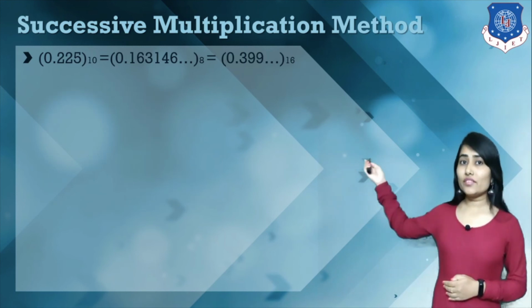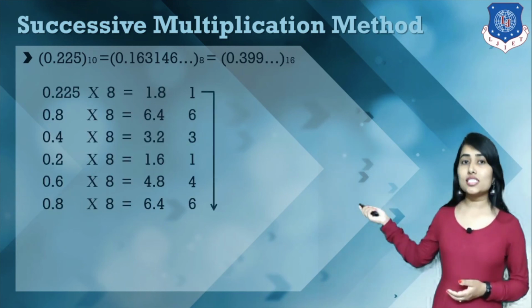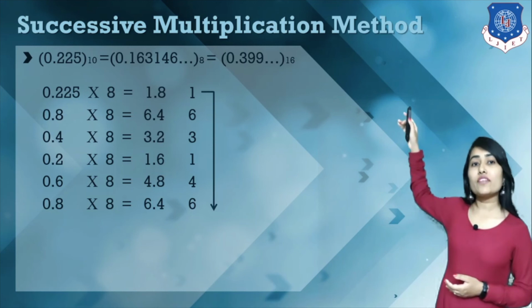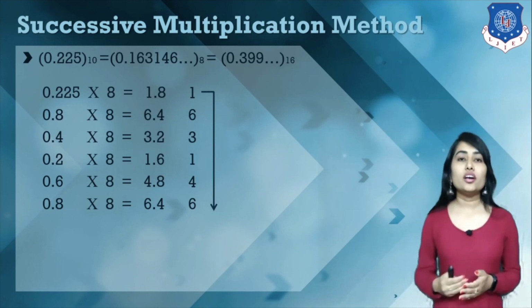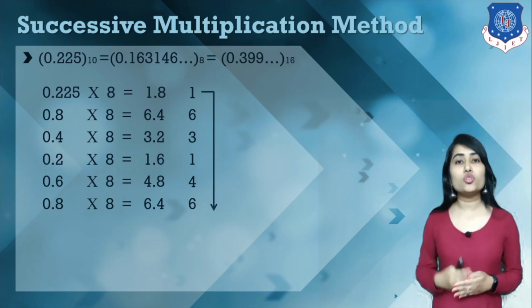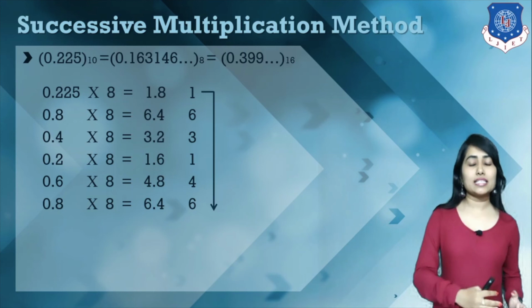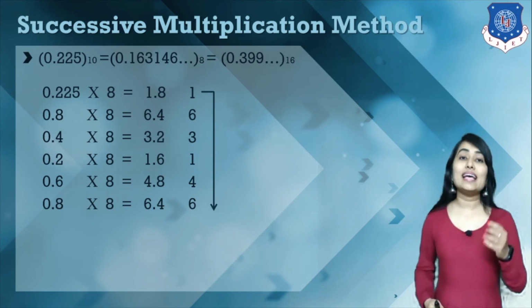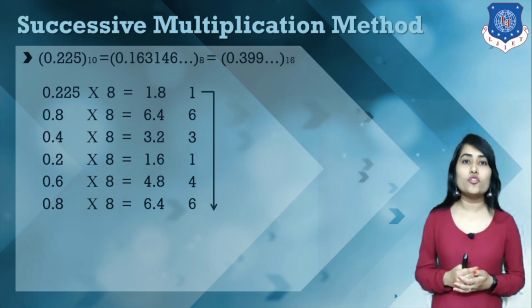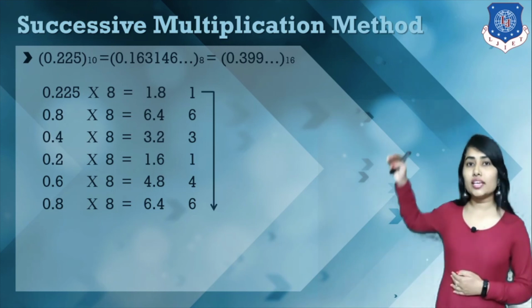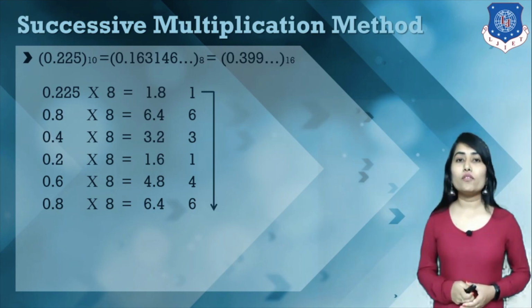Here we do successive multiplication with base 8. We multiply our decimal number with 8 and write our integer number aside, and again multiply the fractional value and write the integer portions from top to bottom manner. So we have our answer bits.